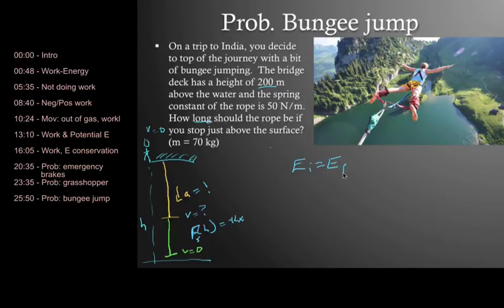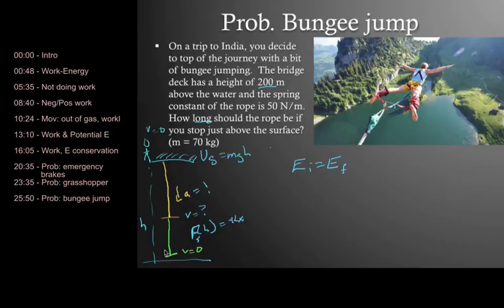So here we have E initial equals E final. Let's look at the kinds of energy that we have here. Here we have basically just UG up here, and that's mg h of the bridge. Then what's going to happen is you're going to fall down, convert some of this gravitational potential into kinetic, and then you're going to stretch the spring.